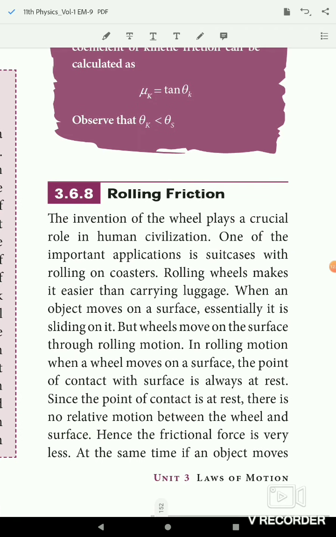The next one is rolling friction. The invention of the wheel plays a crucial role in human civilization. You already know that in a department store, a rolling track is kept inside the bazaar.